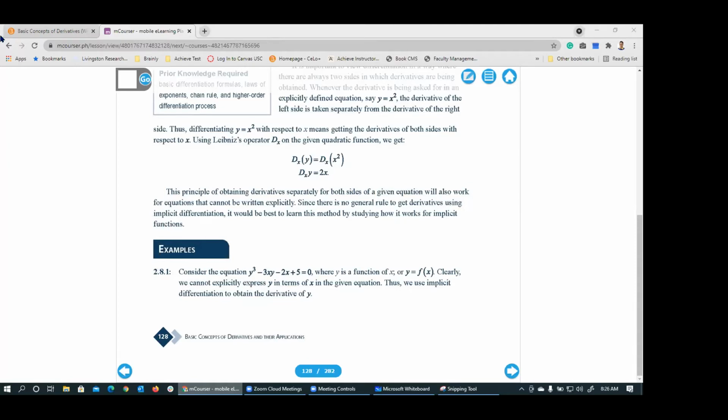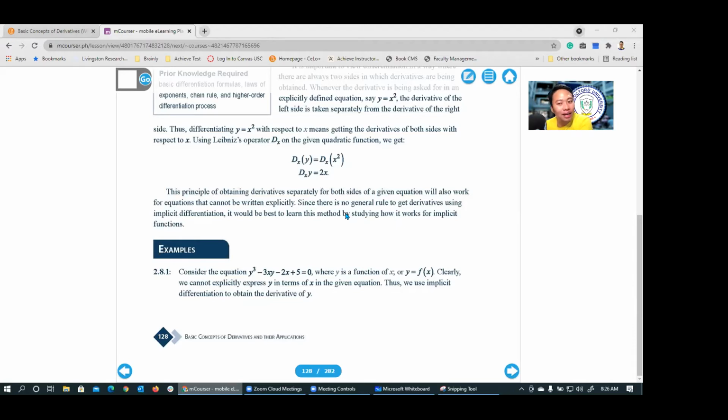The variable y for the implicit derivative is, I would say, written more than one time. So if you see the example here in 2.8.1, yes, Eliza, do you have a question?